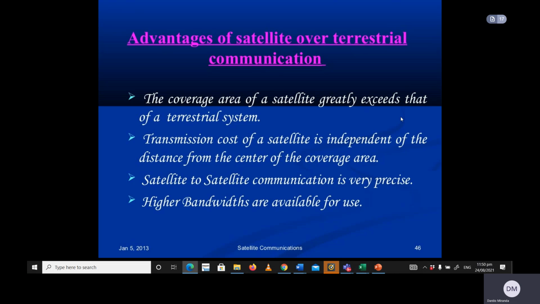Ang advantage niyan is precise ang link for satellite to satellite and higher bandwidth. Siyempre, pag broadband ka, o higher bandwidth, solo mo siya. Walang sumasakay sa'yo kasi nga mahal.